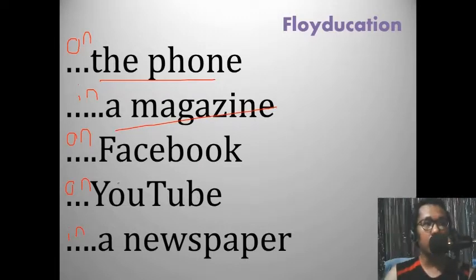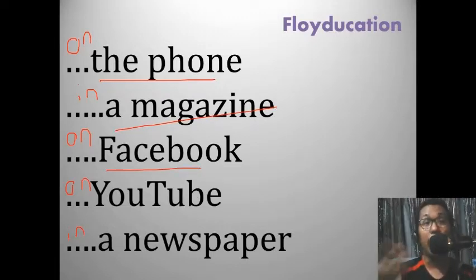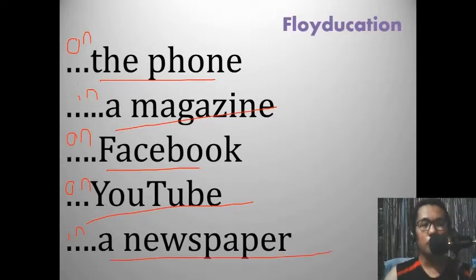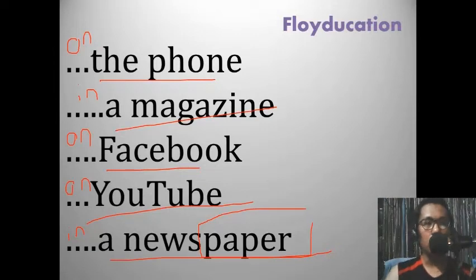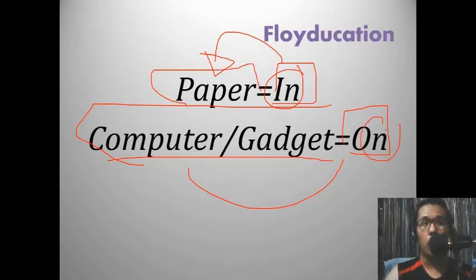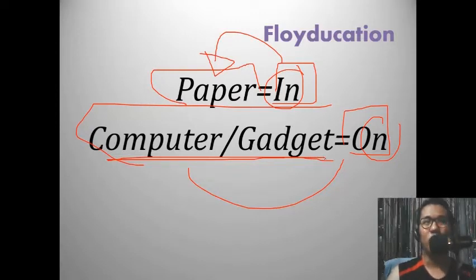Facebook, of course you use a gadget, a computer, phone, or tablet. YouTube, just the same, gadget or computer. Newspaper is, of course, paper. So if you're going to use in, it should be paper, and on, a computer or a gadget.